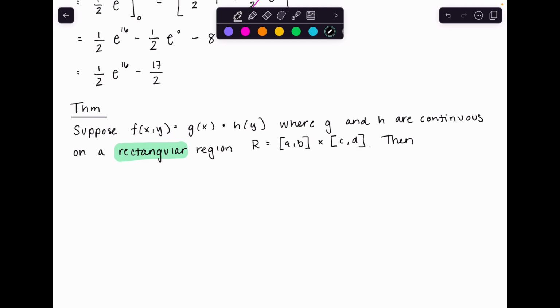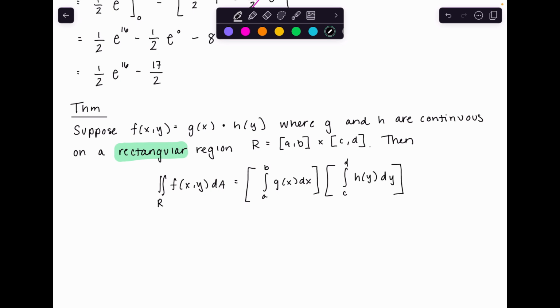Then, if I want to find the double integral of f over this region, what I can do instead is integrate the component dealing with x and the component dealing with y, and then just multiply the two. Okay. So you're able to separate the integral completely.